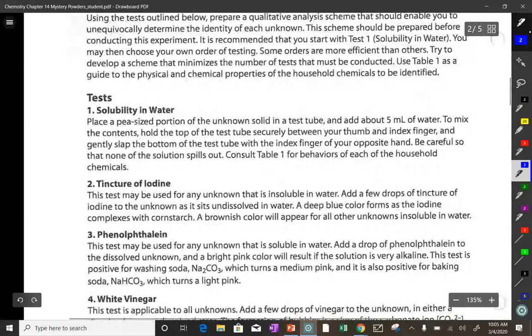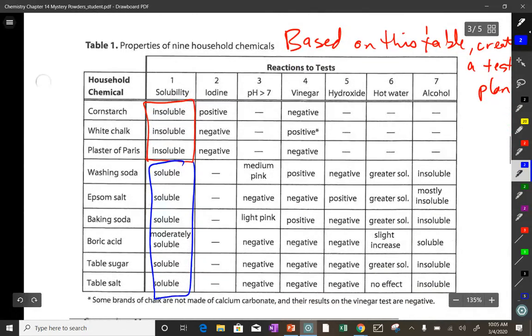So just following one side, since there's only 3 that are insoluble, let's say after the first test you find that it's insoluble. You have only 2 other tests that would be appropriate for insoluble. What are the 2 tests that would be appropriate for insoluble? You have iodine and vinegar. So the next one you're going to choose will either be iodine or vinegar.